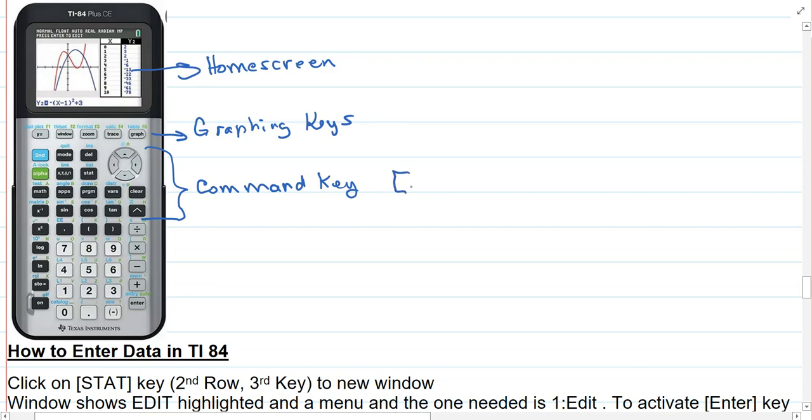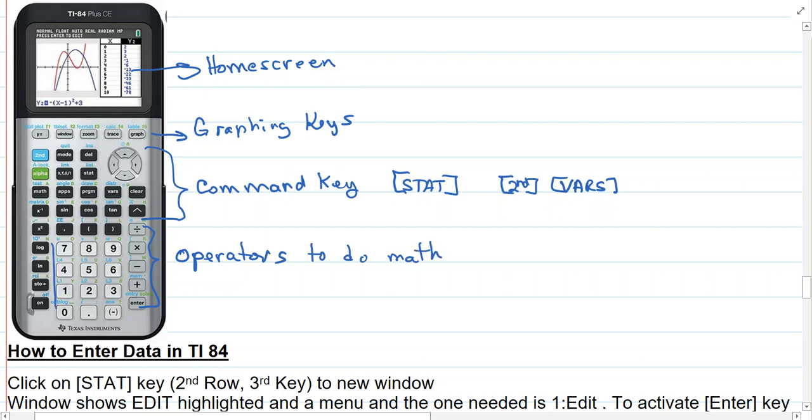Using the stat key, and we're going to use the second bars key, and we'll be using some other keys, but these two main ones are what we'll be using. And then right here are operators to do math.